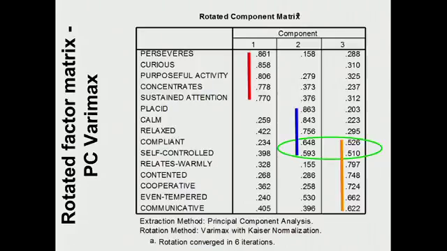So if I want a simple model, I'm probably going to rerun this 15-item factor analysis and take out these 2 items and just run it as a 13-item factor analysis.